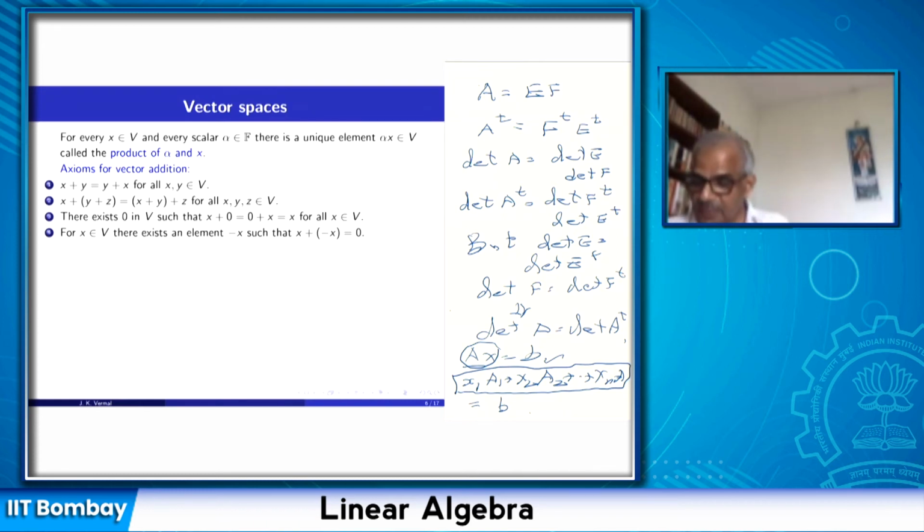Okay. So these 4 properties you are familiar with in the n-dimensional vector space, namely Rn. Elements of Rn are column vectors or row vectors, and we have component-wise addition and component-wise scalar multiplication. And these two operations in Rn satisfy the four axioms for vector addition.